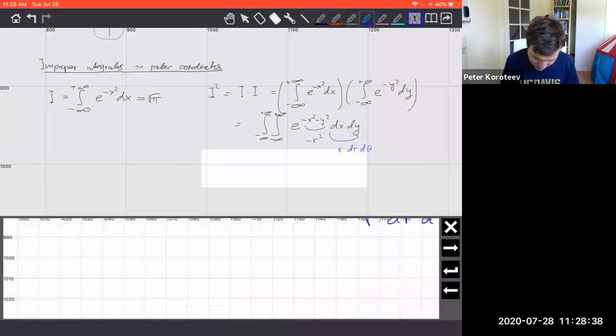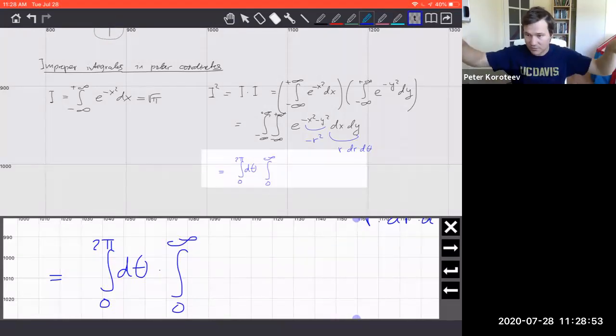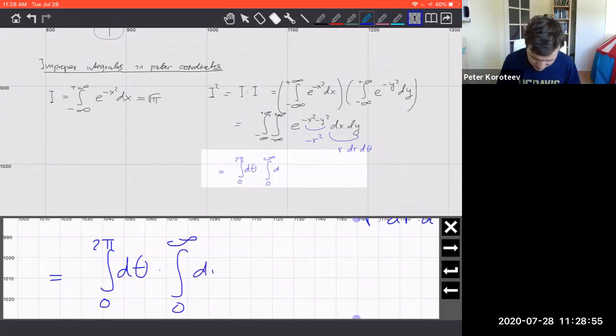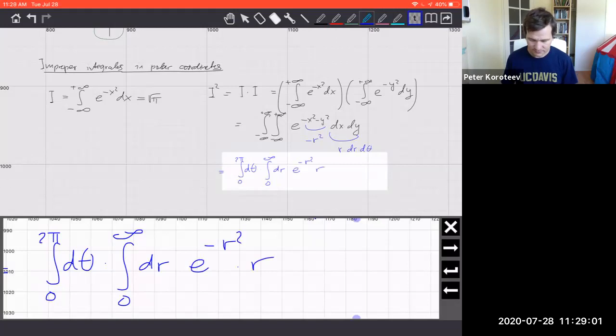So in polar coordinates, it looks like the integral from 0 to 2 pi d theta, and then the integral from 0 to infinity, because we're integrating over the whole plane, dr, e to the minus r squared times r.